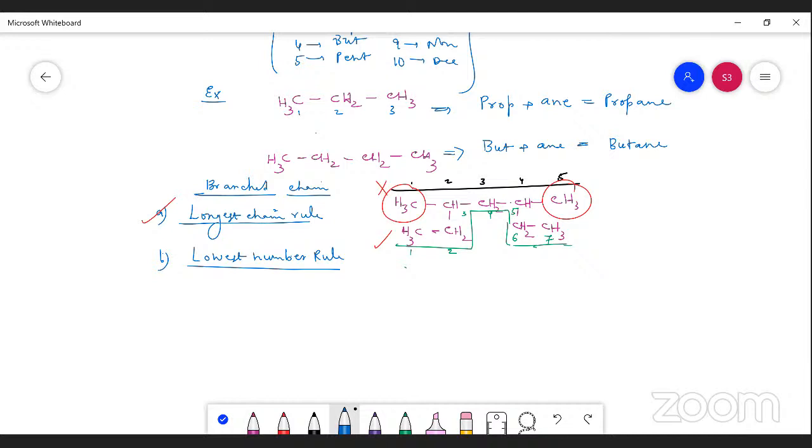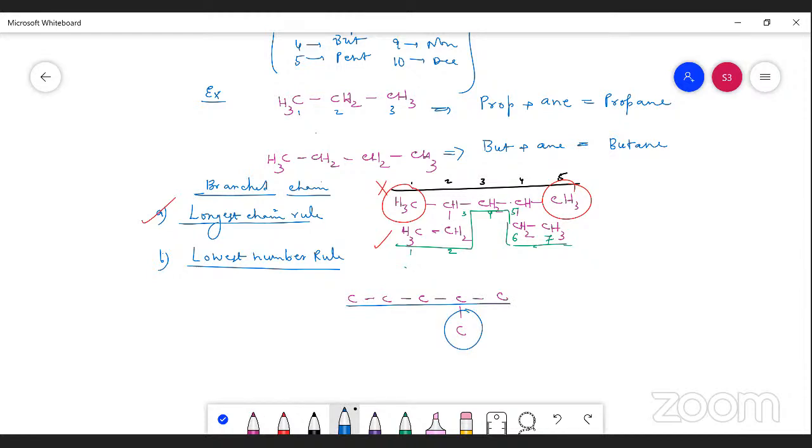Let us discuss this by taking an example. Here I am taking an example. I am taking only carbons. Don't be confused. So this is a single substituent. Only one substituent. So this is a parent chain and this is a substituent.